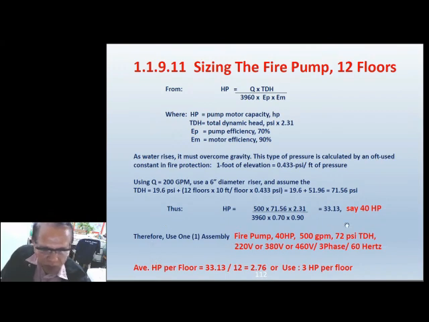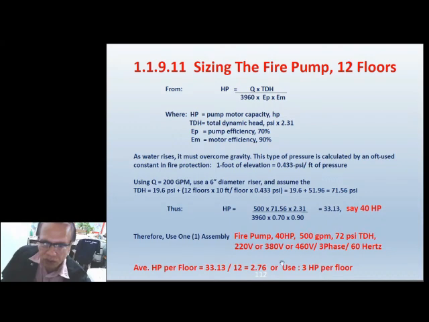So now to specify, the fire pump is 40 horsepower, 500 GPM, 72 PSI total dynamic head, either 220 volts or 380 volts or 460 volts, depending on the voltage in the distribution design, 3 phase, 60 Hz. Take note, average horsepower per floor is 33.13 divided by 12, which is 2.76.